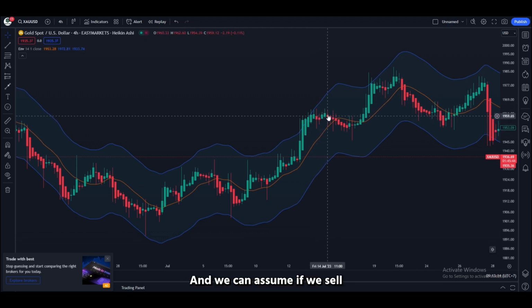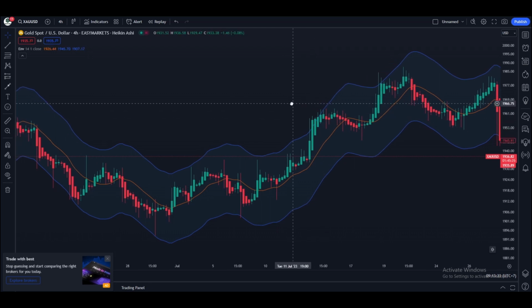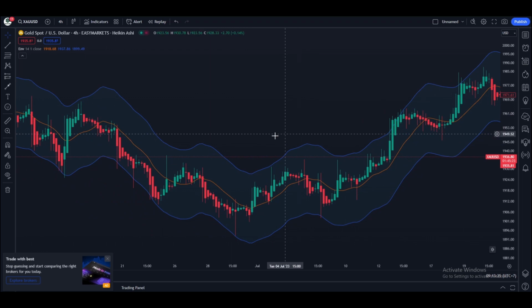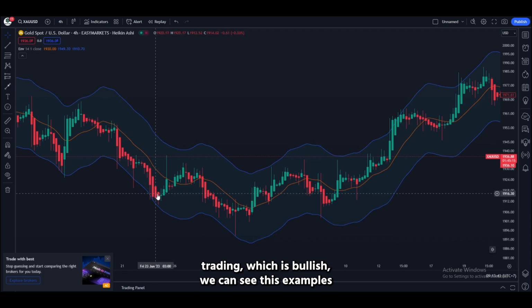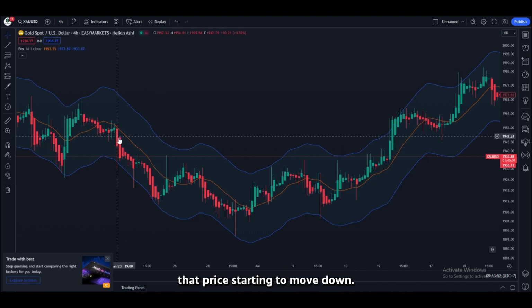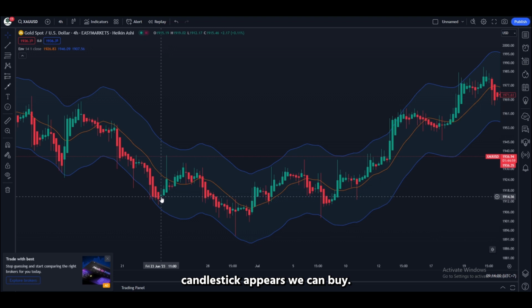And we can assume if we sell at its close, we can have a clear selling opportunity. For example, if we try a bullish reversal trade, we can see in these examples that the price starts to move down, and when the green candlestick appears, we can buy.